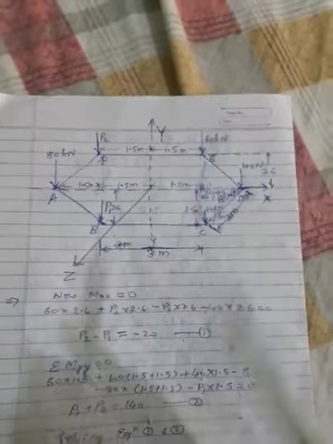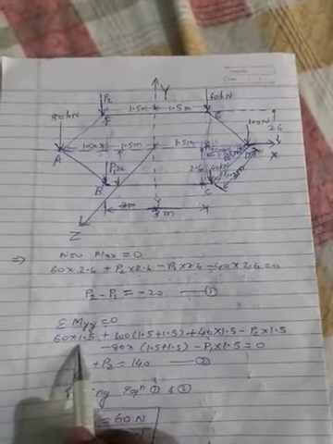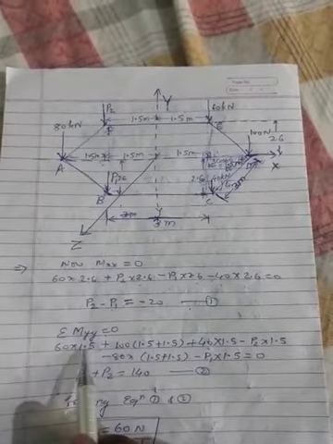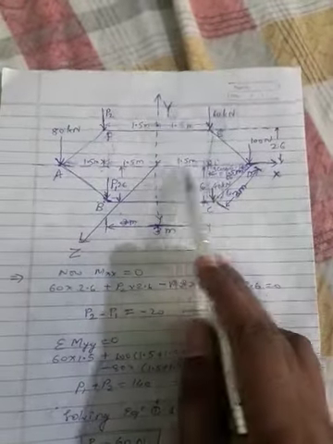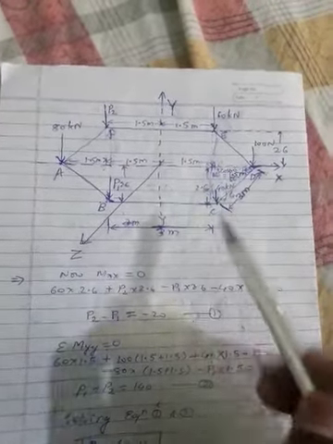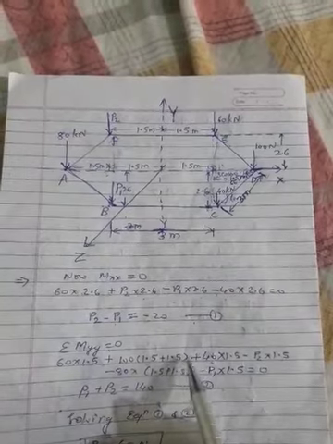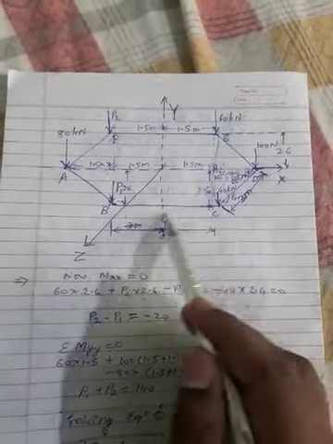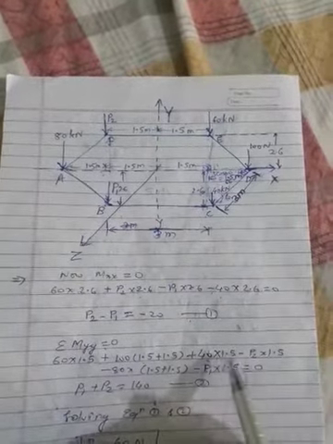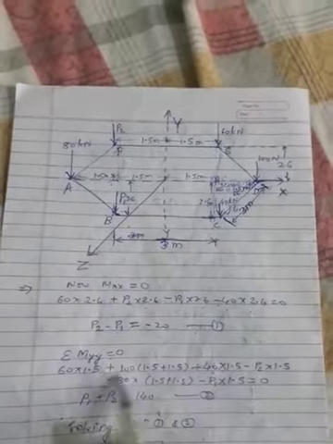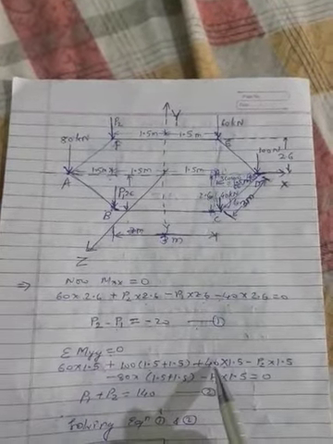I have already calculated the distances. For 60 the perpendicular distance is 1.5, for this 100 it is 1.5, and for 40 it is 1.5. All three are rotating clockwise, so I have taken them positive.